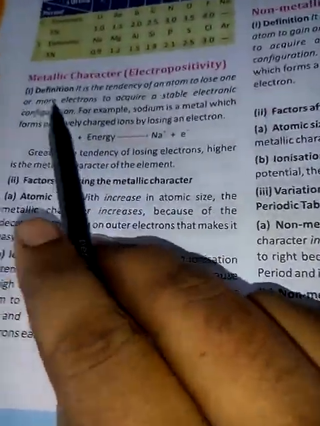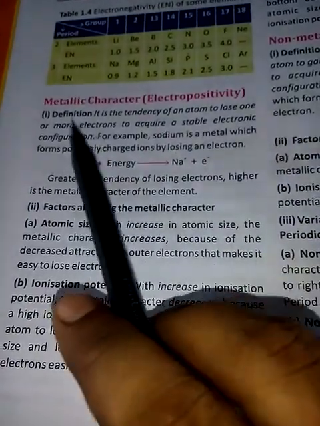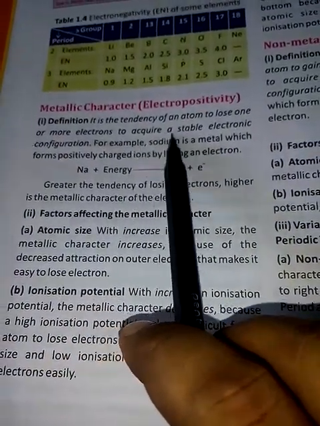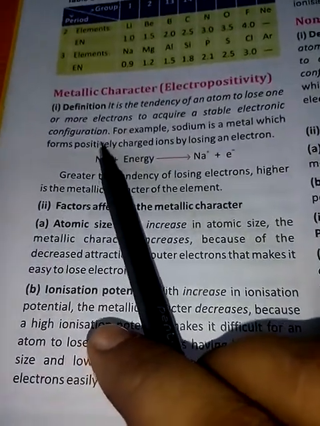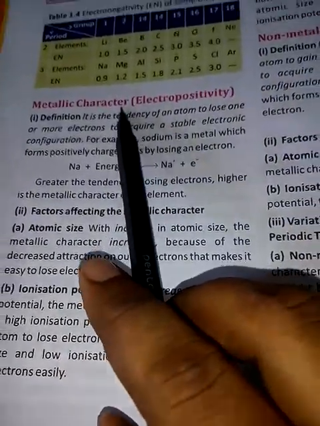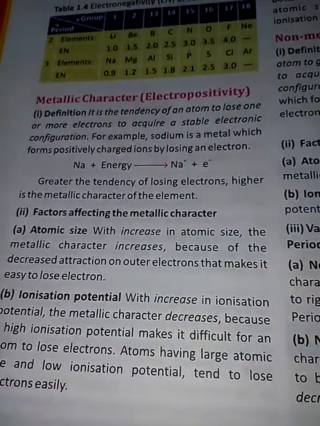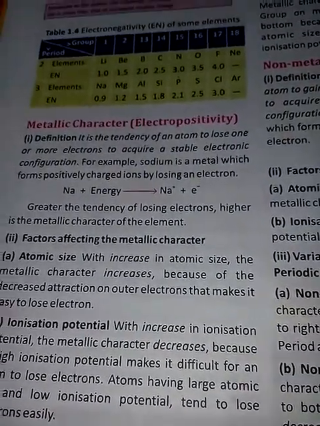Next, I have already discussed the metallic character in this only. I hope you have understood. Now, metallic character is defined as the tendency of an atom to lose one or more electrons to acquire a stable electronic configuration. So it's just the opposite of electronegativity. How to measure the metallic character? By how easily an atom can lose its electron.